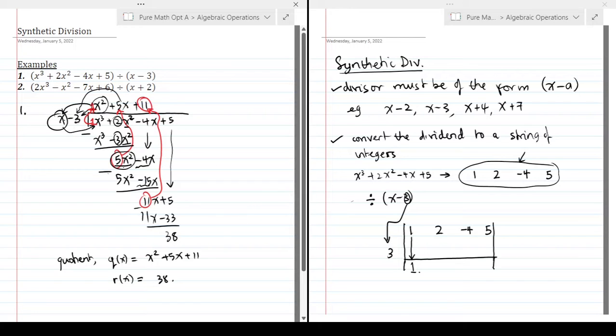What is important is the multiplication, for example, x squared by -3, and then the subtraction. So in synthetic division, you only do multiplication and subtraction.